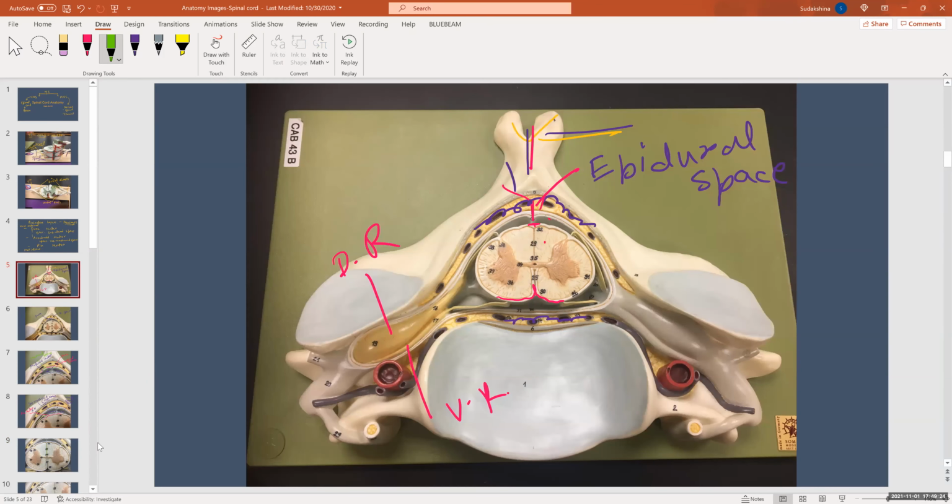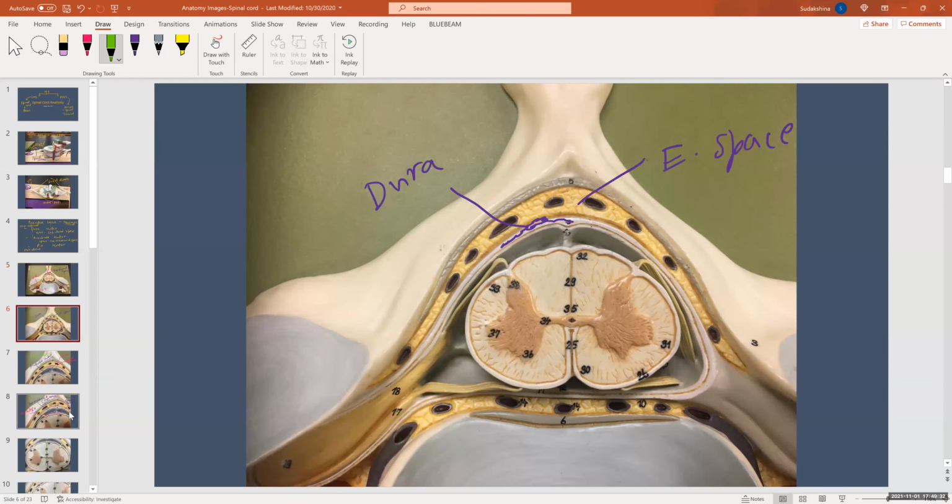Going back, look at that. Dorsal, meaning that's the posterior. This is ventral, meaning this is the anterior. So appropriately, this deeper line, deeper groove, we refer to that as anterior median fissure.